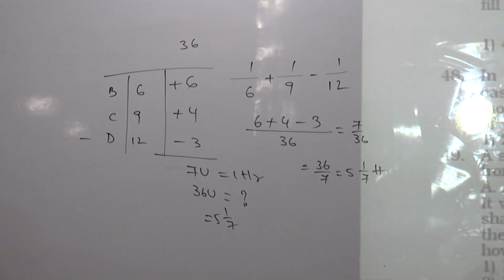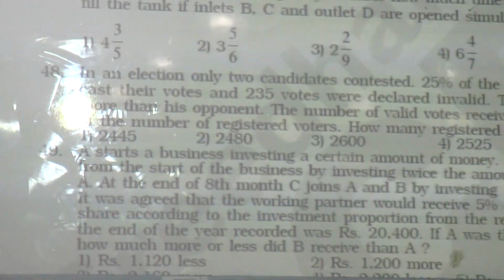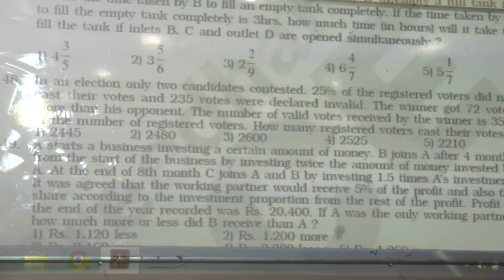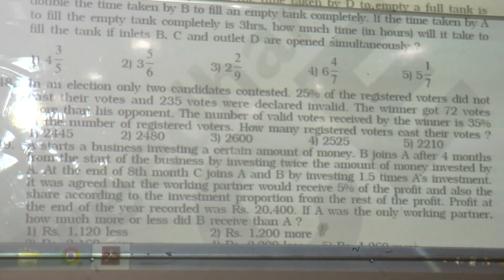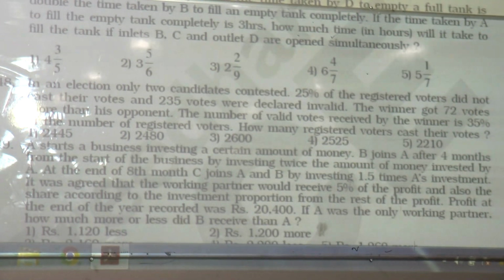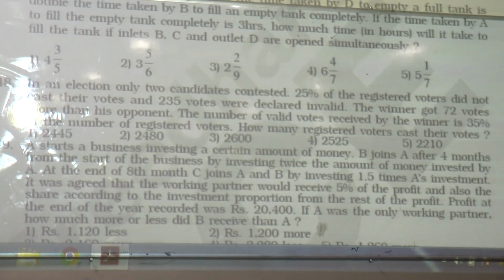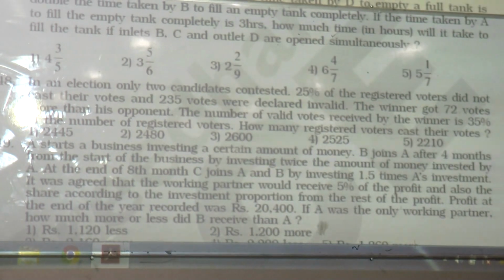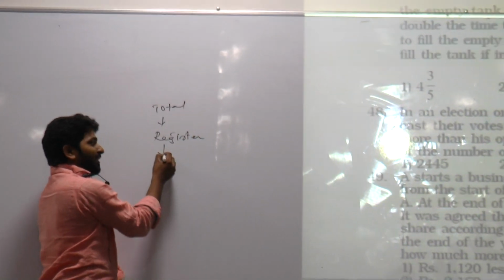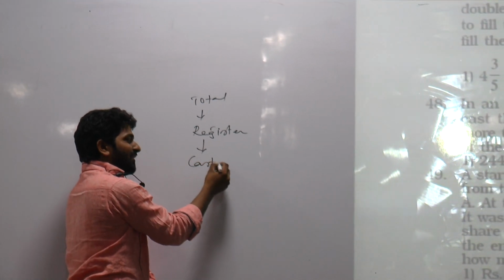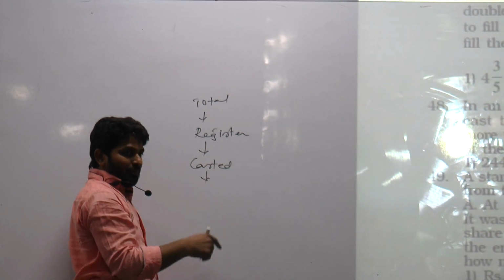In an election, only 2 candidates contested, 25% of the registered voters. You know the election system, right? Total population, then registered voters, then who have cast their vote, who have used their vote, right?